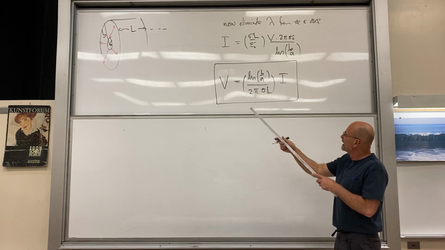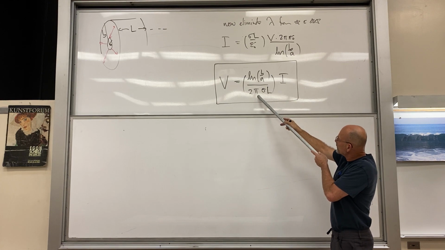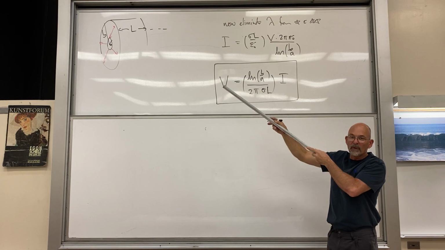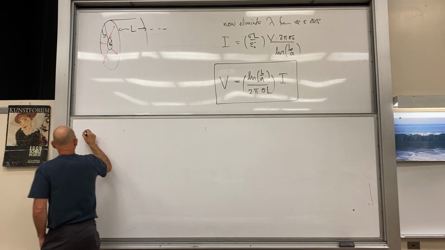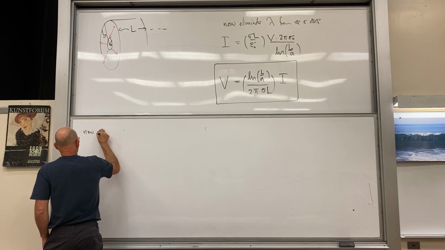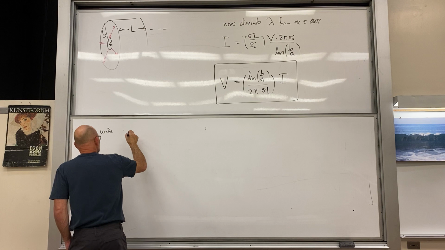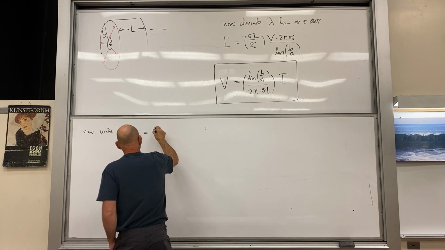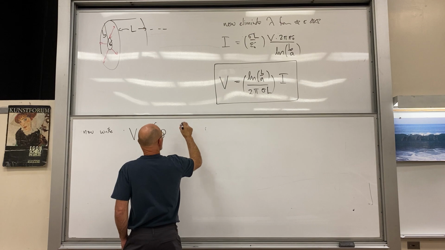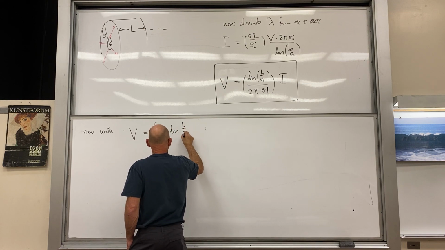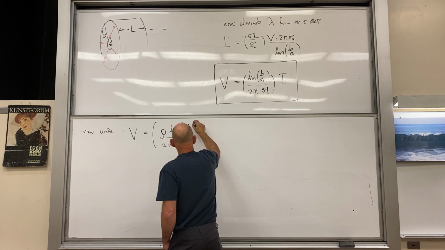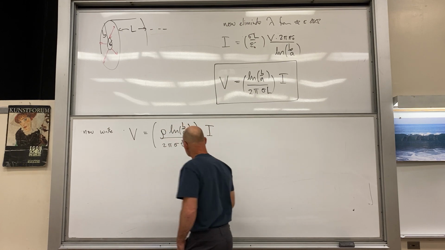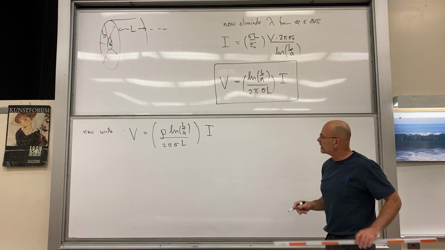This is the proportionality constant, the resistance, for the current that's doing what the red arrows are showing. First thing I'm going to do is write it like this. V is equal to rho log B over A over 2 pi sigma L, times I.